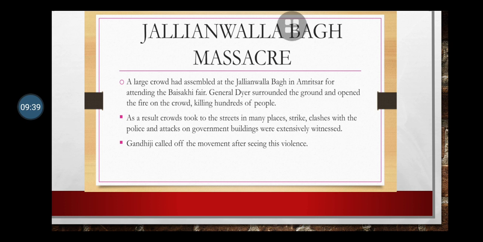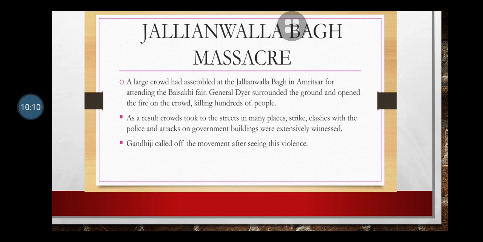And somehow the government came to know that some satyagrahis were secretly meeting there and doing some planning. They might be doing some planning against the government. So, getting the information from somewhere, General Dyer reaches with his soldiers, closes the entry and exit of the ground and kills hundreds of people, right?